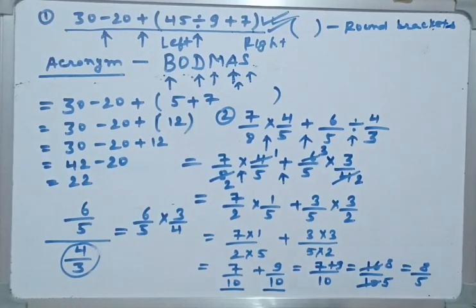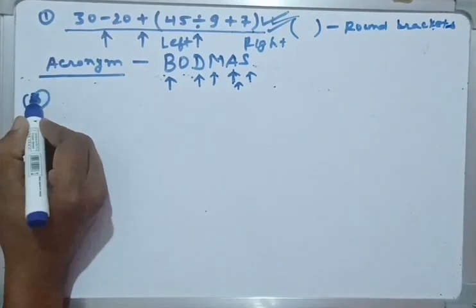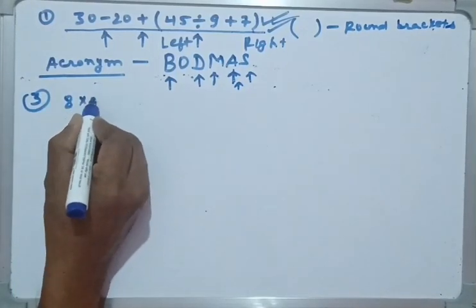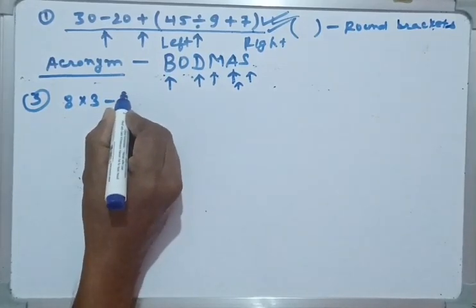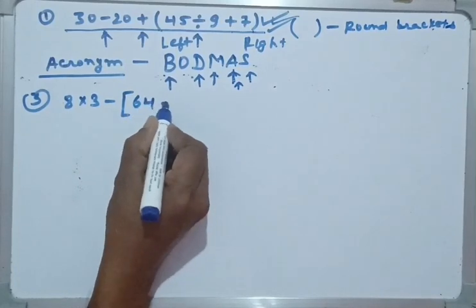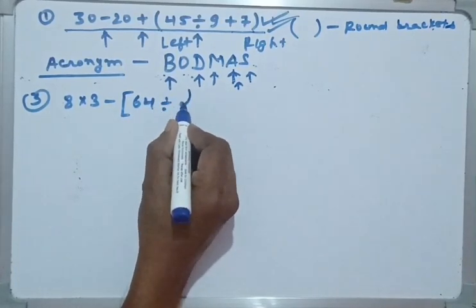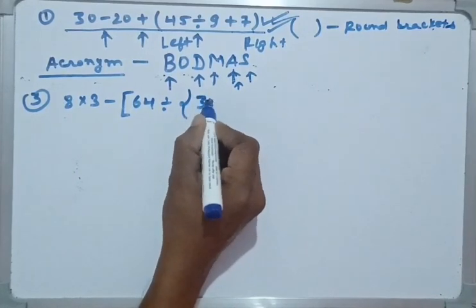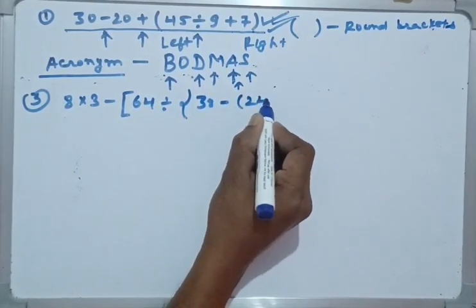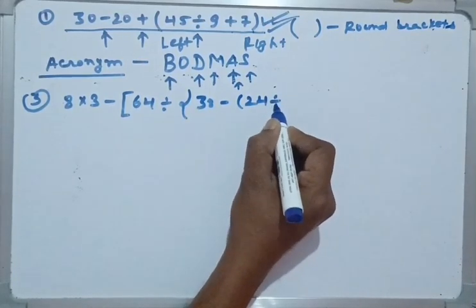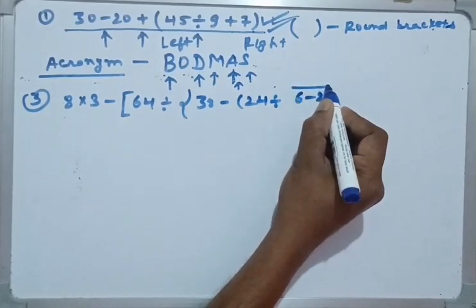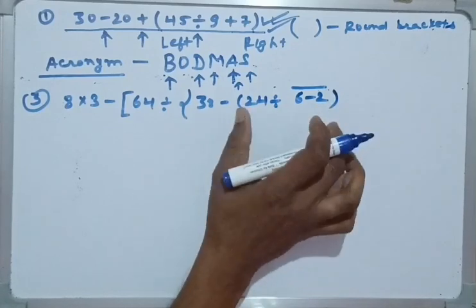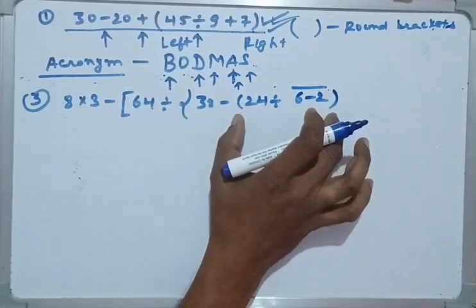Okay, so guys, see another example, the third one. Suppose 8 multiplied by 3, subtraction, left square bracket 64 divided by, this curly bracket 38 minus 24 divided by 6 minus 2, and then one bar is given over this number, then this round bracket is closed here.